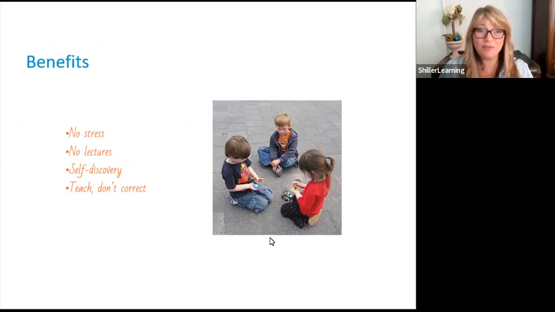And again, the benefit of the 3 period lesson is that it's going to eliminate stress. It's going to eliminate lectures that tend to turn a child off from learning. Kids of all ages, but especially preschool and elementary, want to interact. I mean, we all learn best by doing, but it's really crucial.